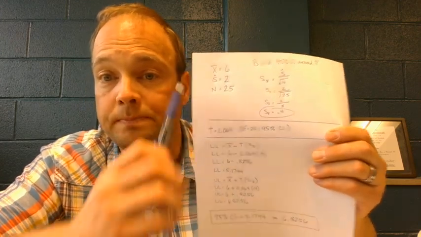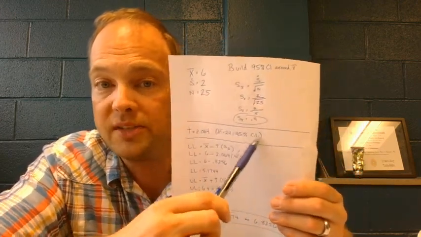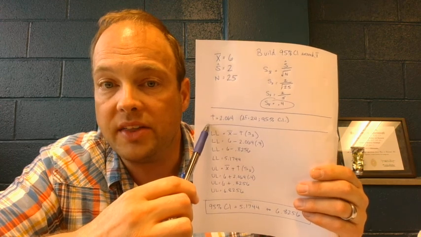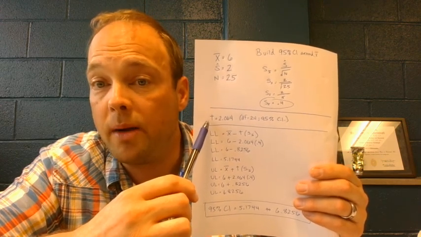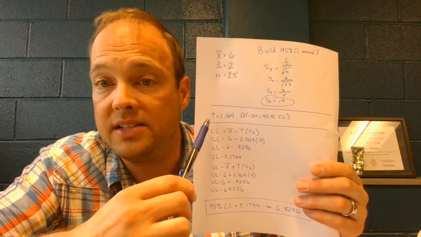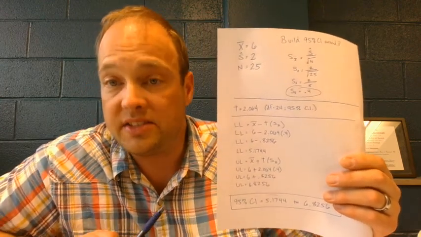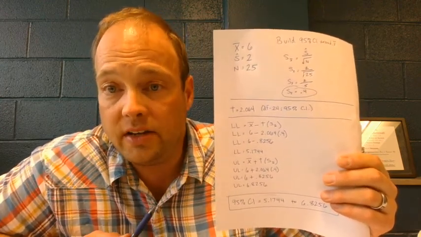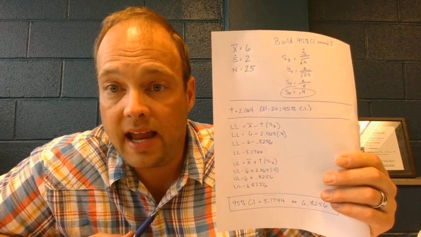Step number 2. Consult the t-table and find the correct t-value from that t-table. What is the correct t-value? It's the t-value that represents the intersection of degrees of freedom and the task at hand.